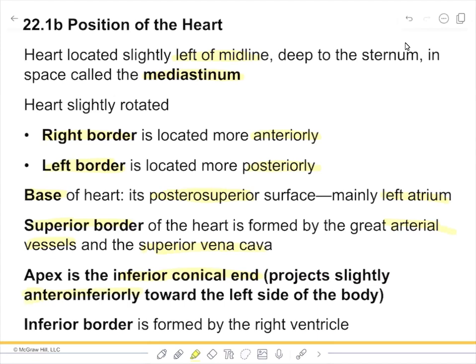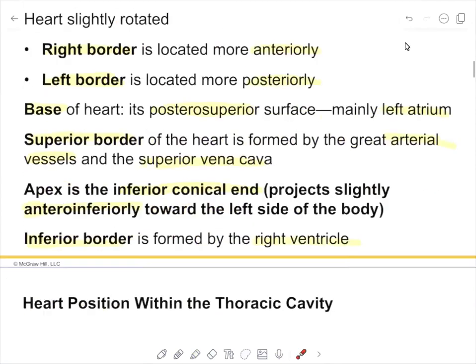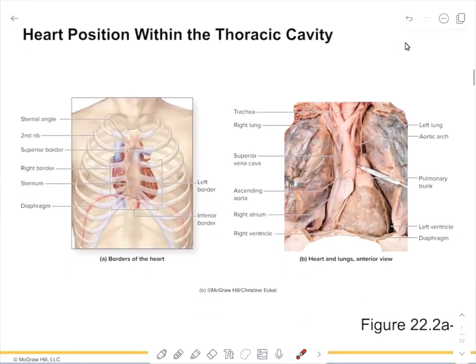And the inferior border is going to form the right ventricle. So when we look at the heart, the apex is going to be pointing sort of towards your left lower hip. So this slide is showing us the position within the thoracic cavity.